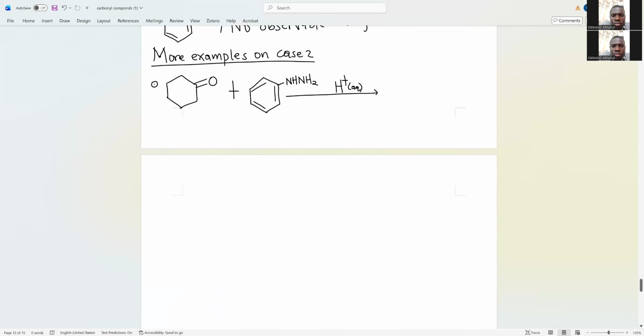So we repeat the same steps. The pathway starts with the protonation.